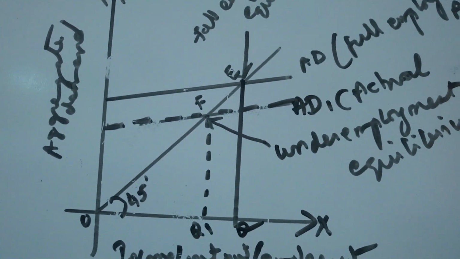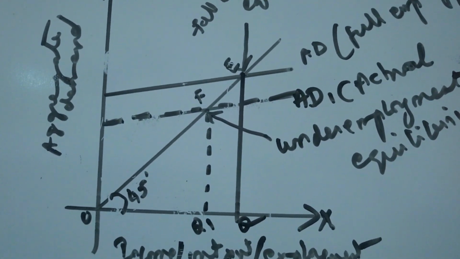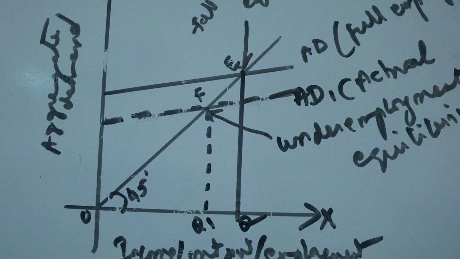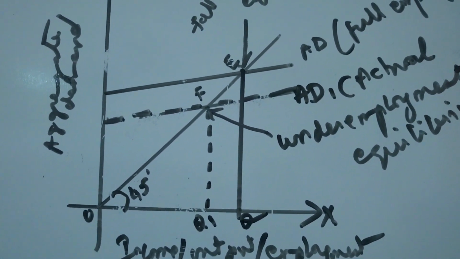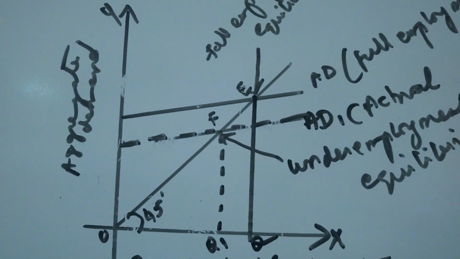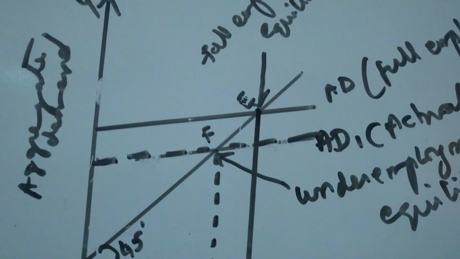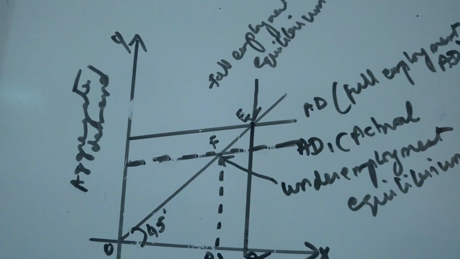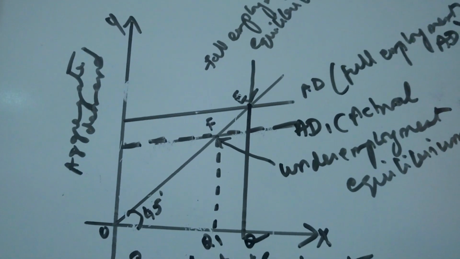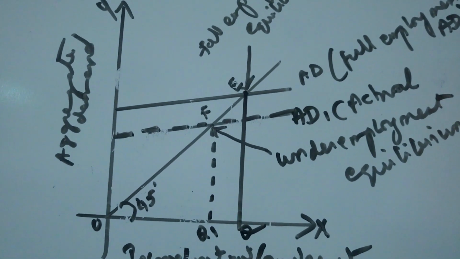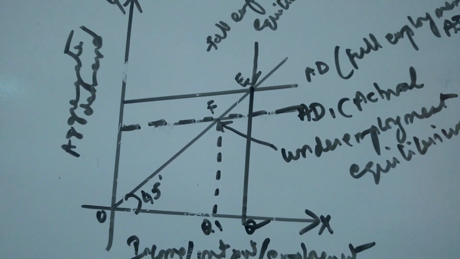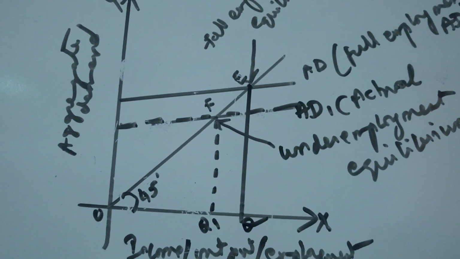Look at x-axis, you will know that OQ1 is less than OQ. So point F signifies the underemployment equilibrium. At point F you have underemployment equilibrium at OQ1 level of output.